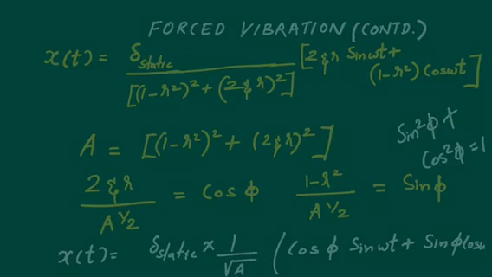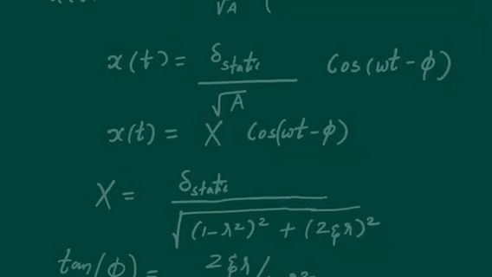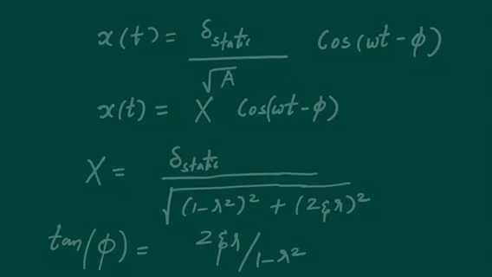From high school trigonometry we know this is the expression for cos of omega t minus phi. So we plug that here, and then we can write x of t equal to delta static divided by root a, cos of omega t minus phi.